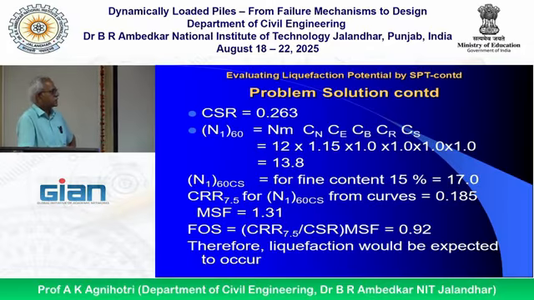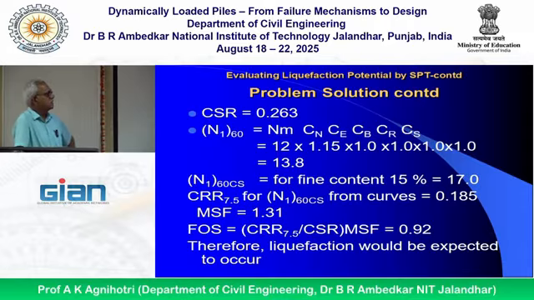After applying the correction factor, N160 is 13.8. Now we will convert this N160 to N160 CS. For fines content, say 15%, N160 CS is 17. So we have converted N160 to N160 CS.